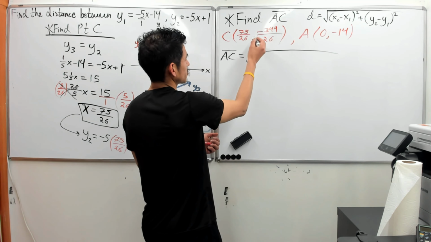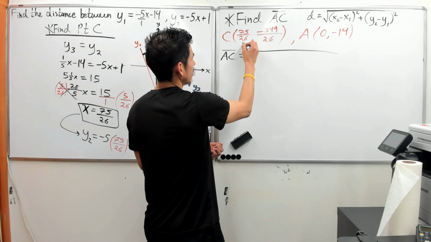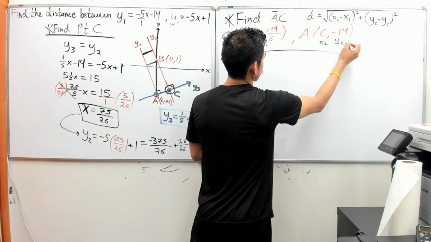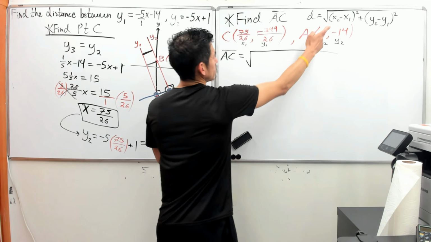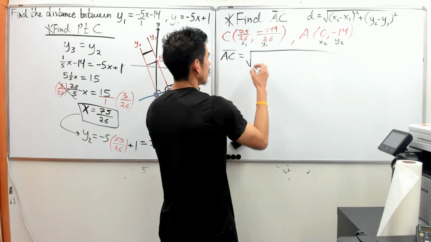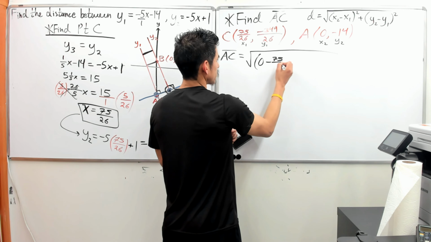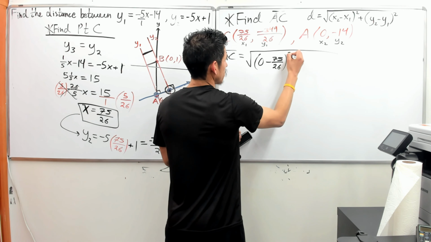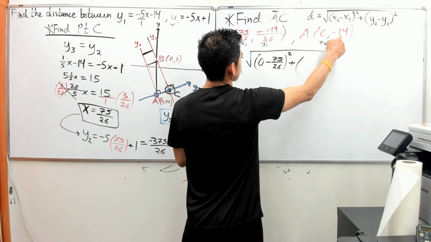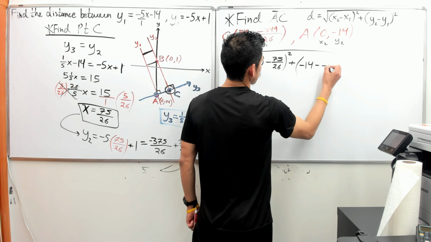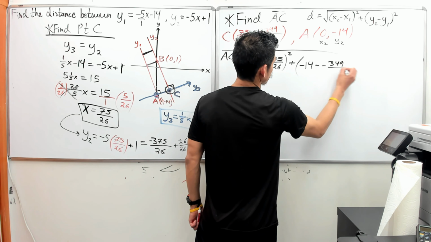So we can call this x1, call this y1, call this x2, call this y2, it doesn't matter. So let's go x2 minus x1. So 0 minus 75 over 26 squared plus y2, -14, minus -349 over 26 squared.